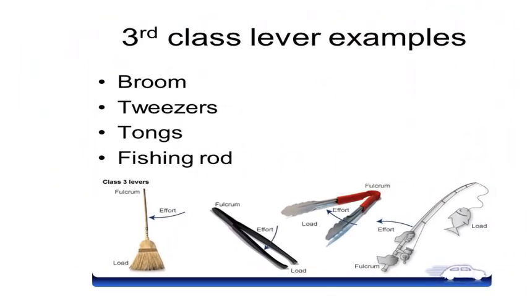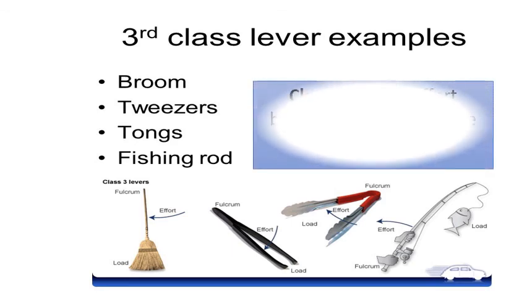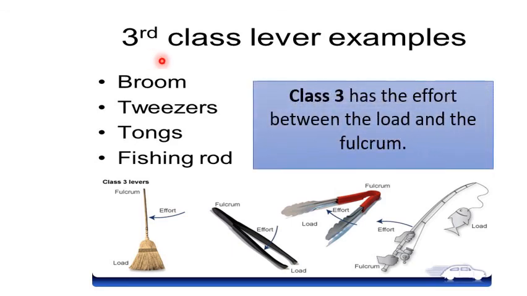Now here comes the third class of lever and some examples, but let's see the definition of it first. Class 3 has the effort between the load and the fulcrum. Class 3 has the effort between the load and fulcrum. And here are the examples: broom, tweezers, tongs, fishing rod.